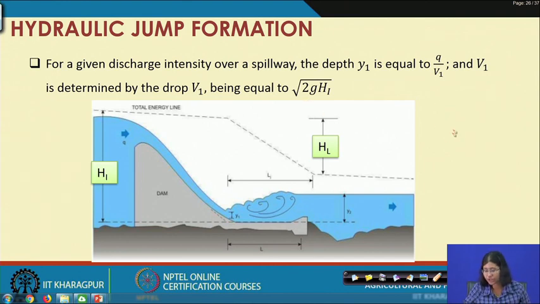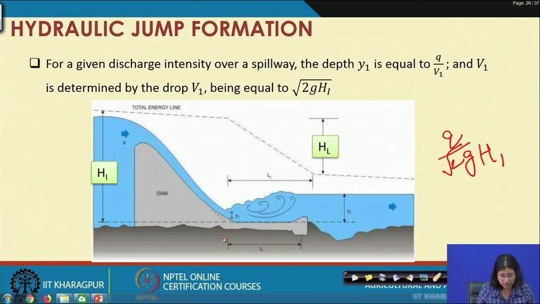So, the entire equation comes out to be q upon root 2gH1, where H1 is the height of the total energy line from the dam bottom to this point.